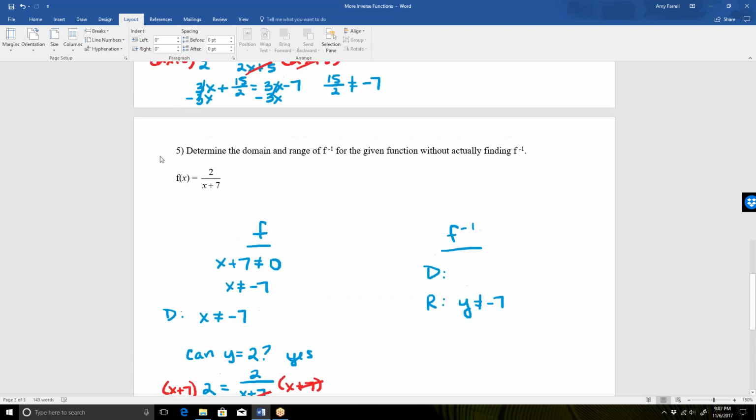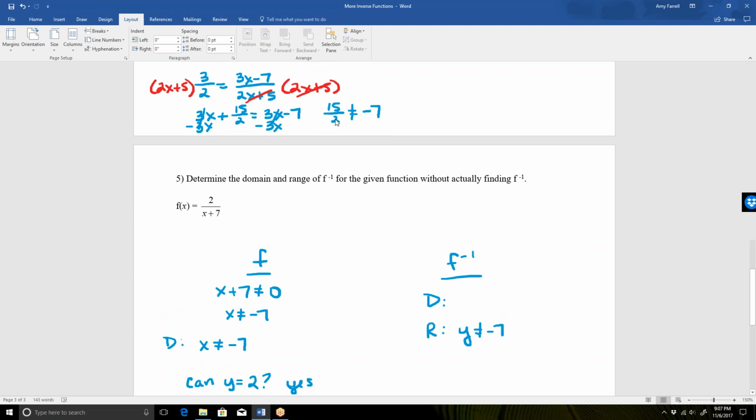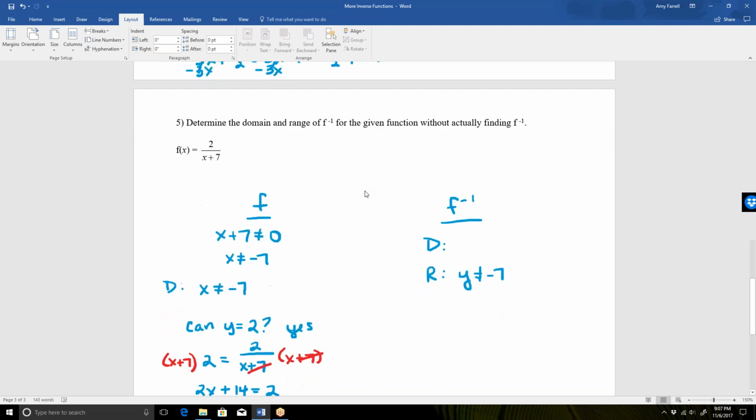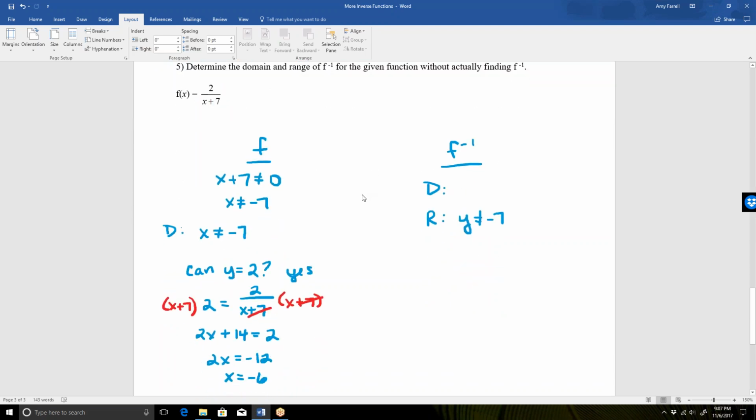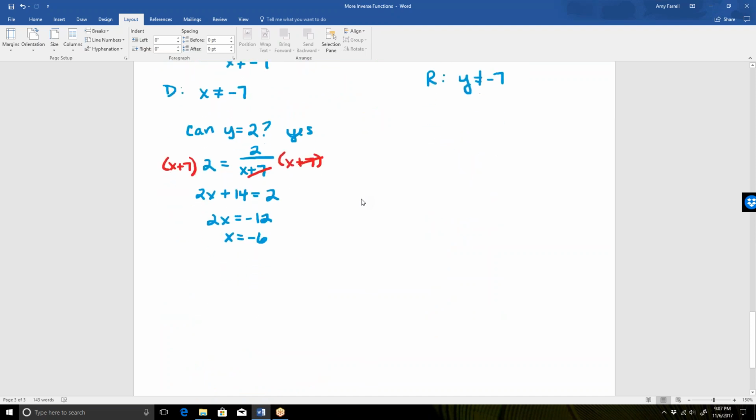So we're trying to figure out what we can plug in over here so that we end up getting some untrue statement. There's one number that is going to give us a statement that is not true, and that is, what if I plug in a 0? Let me show you what happens. Can y equal 0? 0 equals 2 over x plus 7.